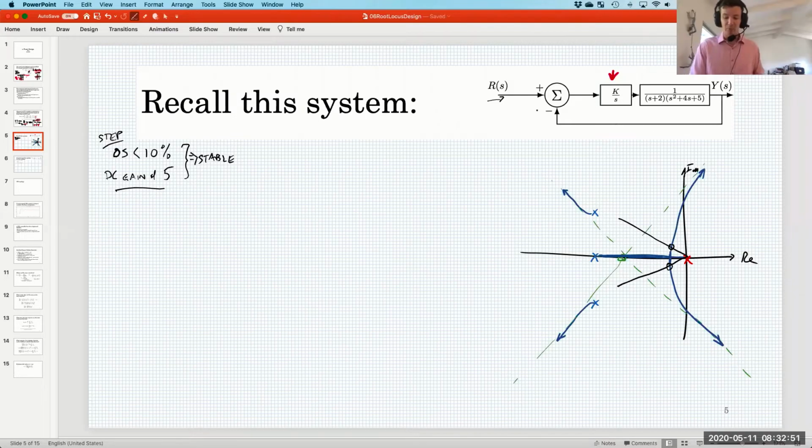This is a type 1 system because there is this integrator in the forward path of a unity feedback system. So this tells us that error in steady state due to a step reference is 0, which I've been saying is a good thing, but in this particular case, because of the suggestion, it's actually a bad thing.